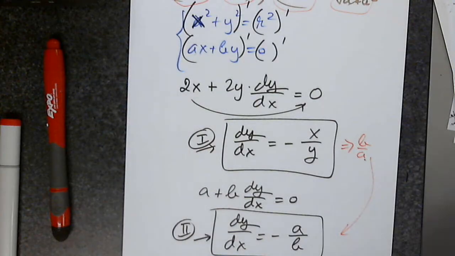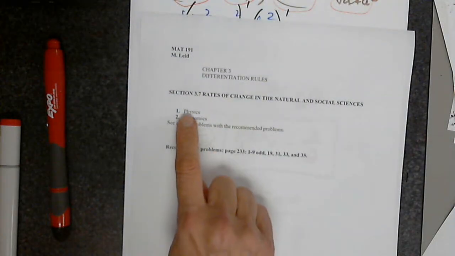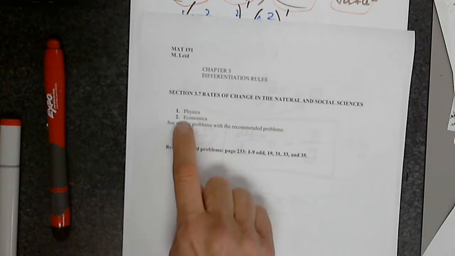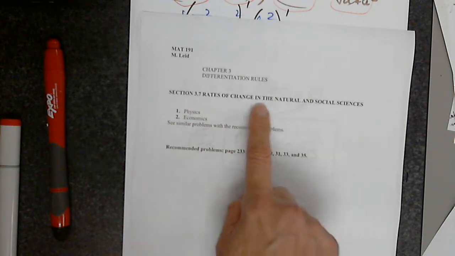In section 3.6, in section 3.7, if I find it. Yes, in section 3.7, we're going to look at applications in physics and applications in economics that use rate of change.